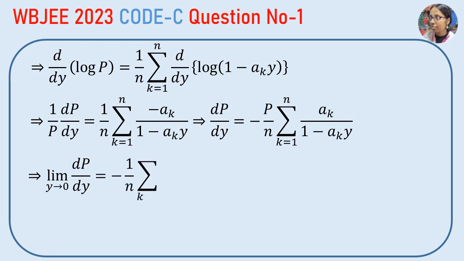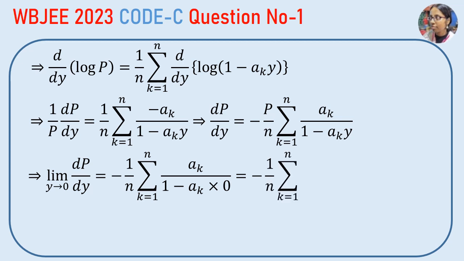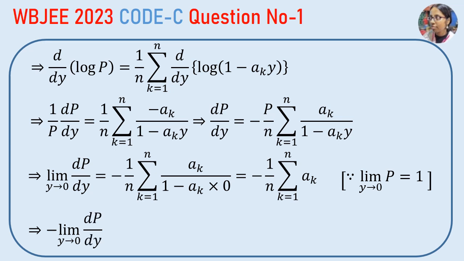We get limit y tends to 0 dp dy equal to minus 1 upon n sigma k equal to 1 to n ak, since p tends to 1 and 1 minus aky tends to 1, that is, minus 1 upon n sigma k equal to 1 to n ak. This implies that minus limit y tends to 0 dp dy is equal to (a1 plus a2 plus ... plus an) upon n.